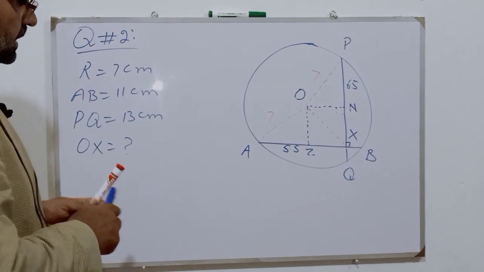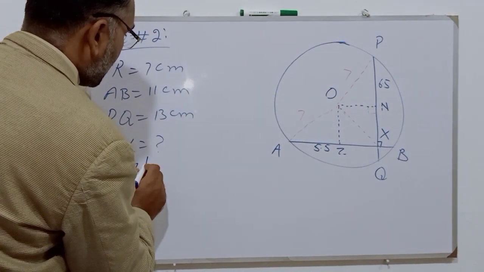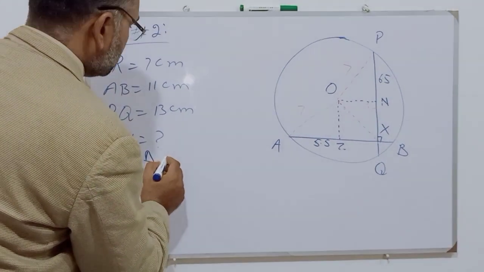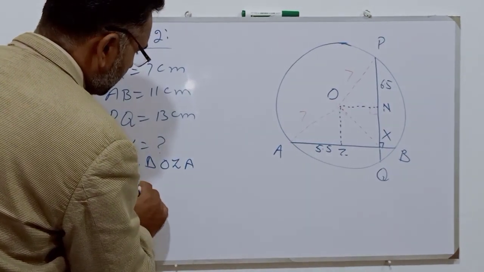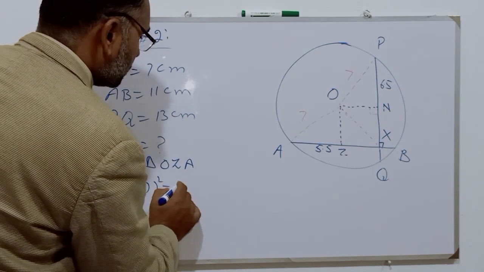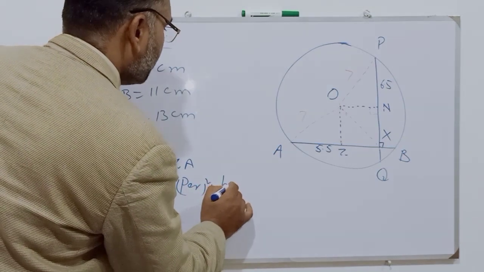So I will write it as in triangle OZA, hypotenuse square is equal to perpendicular square plus base square.